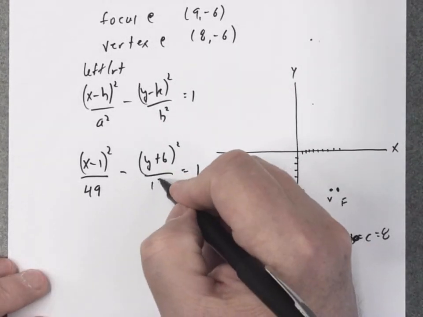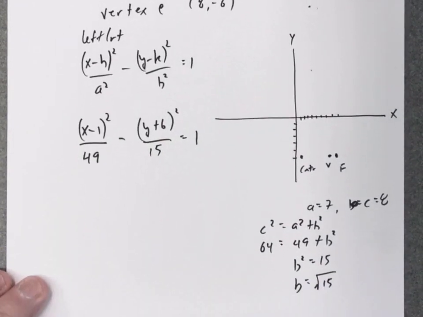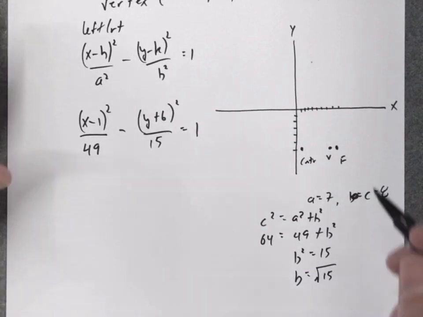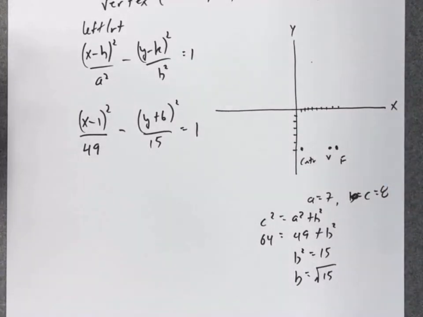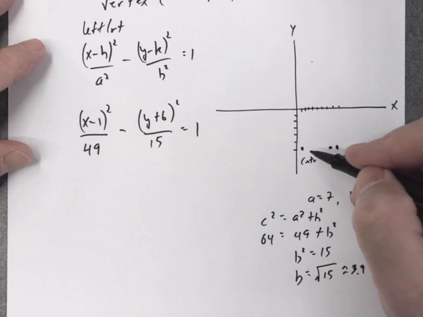So I can get the equation. I'm done with that. But if I want to do the graph, I have to do some work here. So if you grab your calculator, the square root of 15 is pretty close to 4, maybe. That's like 3.9. So what you do is, here's the center.